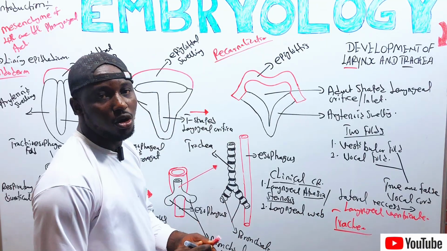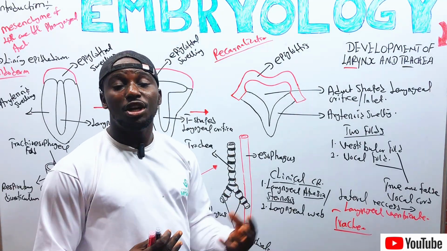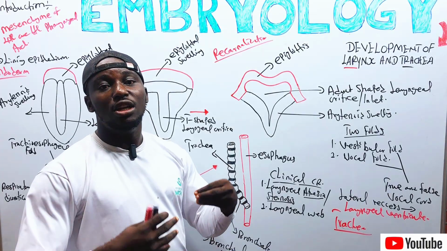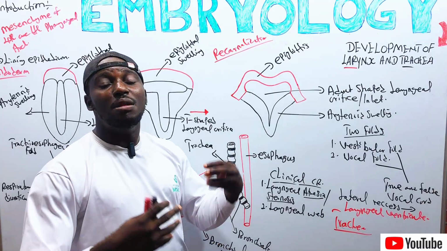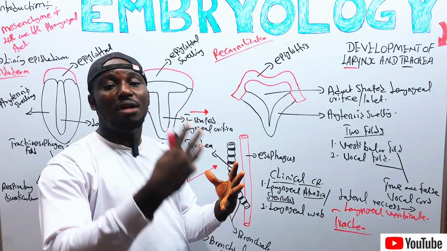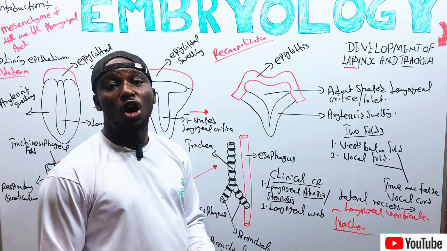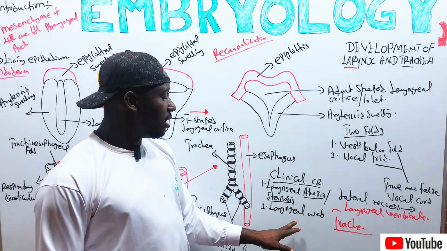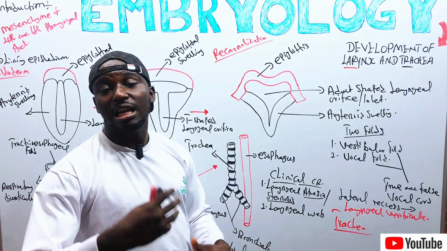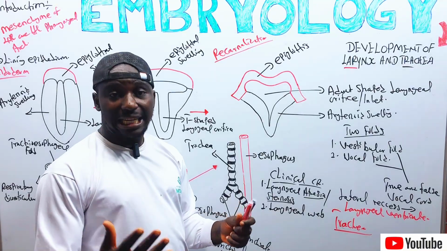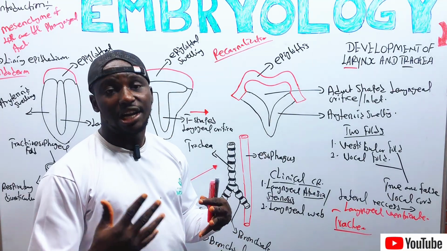Laryngeal web occurs as a result of the presence of membranous web-like tissue in the lumen of the larynx, thereby causing obstruction of the larynx. It is usually seen at the level of the vocal cord, right?